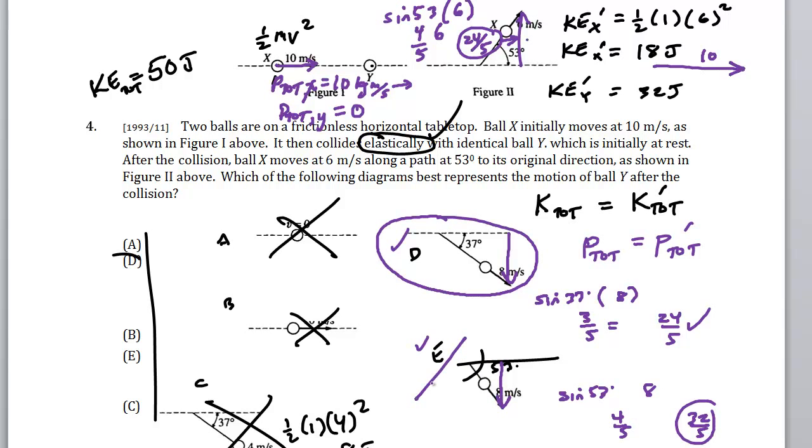Choice E would mean that the total momentum of the object afterwards has a downward component, because 32/5 is larger than 24/5 up here. So the correct answer is, if I have these A, B, C, D's right, choice D. And if I don't have these right, the correct answer is this one right here.